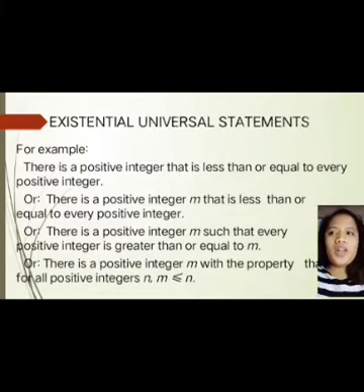For example, there is a positive integer that is less than or equal to every positive integer. If you notice, the keyword "there is" is the keyword for an existential statement in the first part, and the keyword "every" is the keyword for a universal statement in the second part.